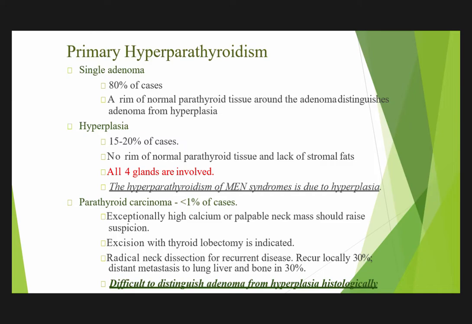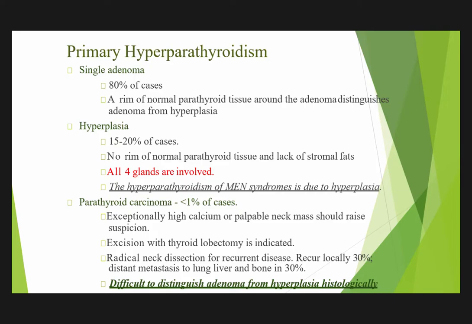So primary is usually a single adenoma, in 80% of cases. Normal parathyroid tissue around the adenoma distinguishes adenoma from hyperplasia. What's the difference? Histologically, it is different. In adenoma, histologically there are nodules. If it is just hyperplasia, it is enlargement of parathyroid cells without nodules.